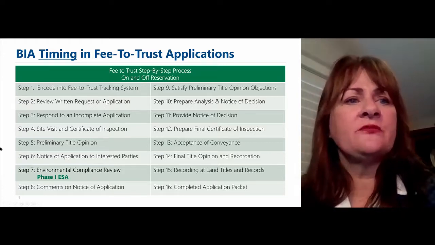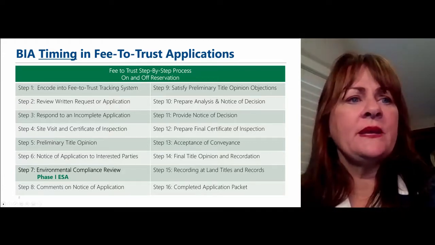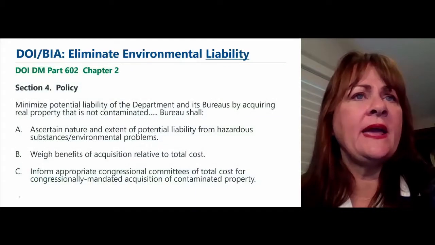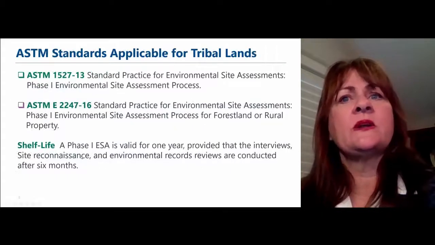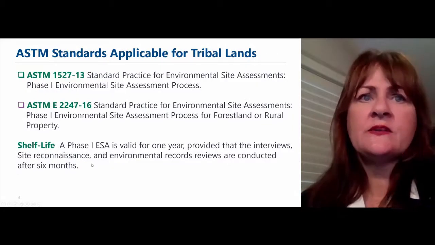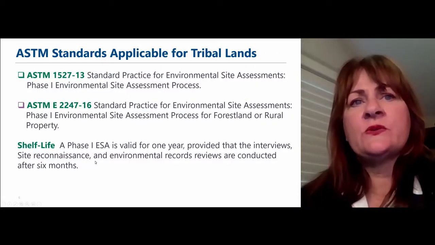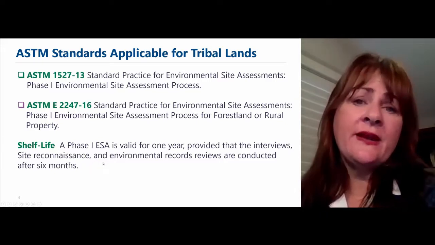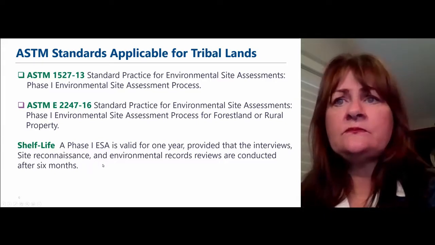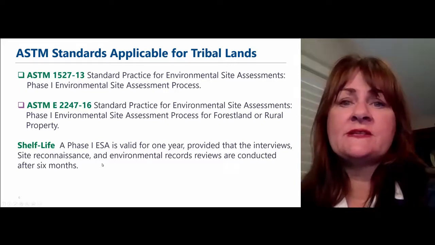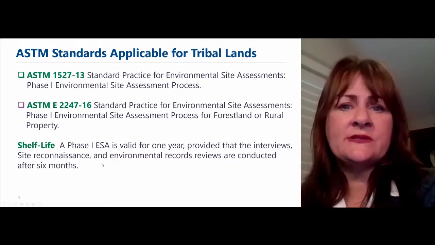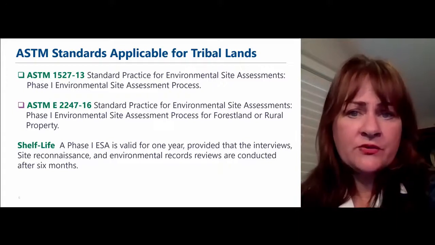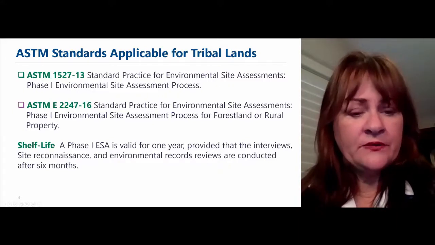And as I mentioned before, and I'm going back to this because I want to show this to you, the shelf life of a Phase 1 ESA, which is your main environmental due diligence product, is only valid for a year, provided that after 6 months, you redo the site visit, the environmental records reviews, and the interviews.